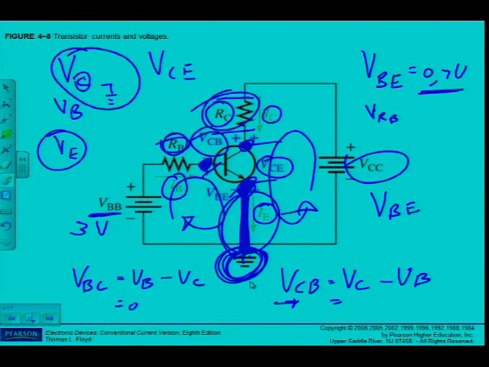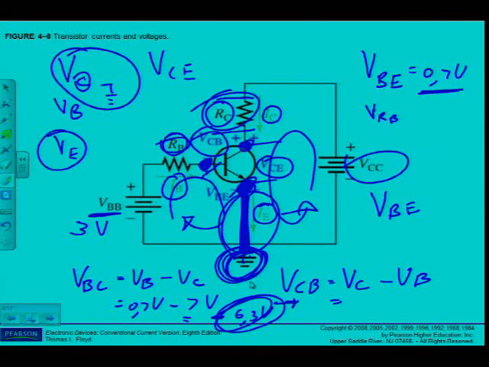In this case, it's a small voltage, 0.7 volts. VC will be much larger. Say, for instance, it's 7 volts. But what I'm getting at is this answer will be negative something. Say negative 6.3 volts. What does that indicate? That the base collector junction is reverse biased.